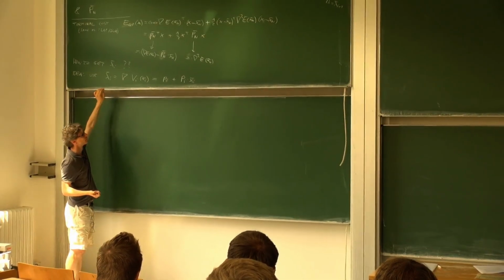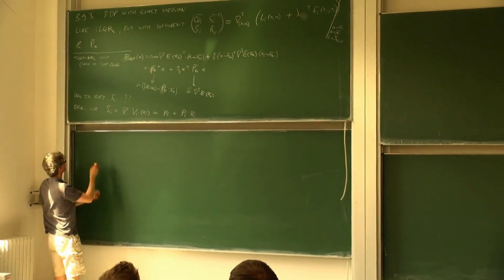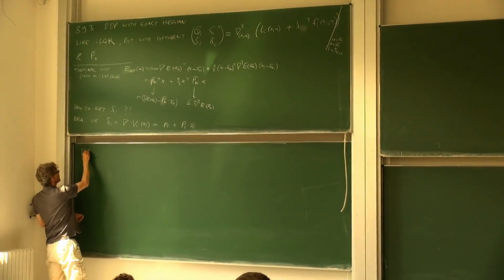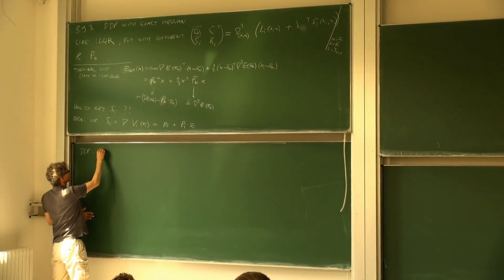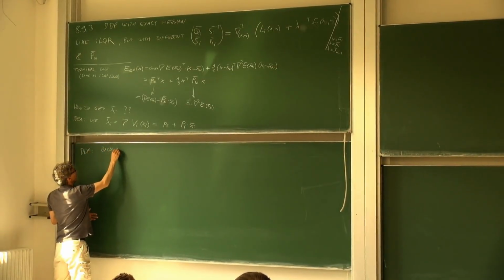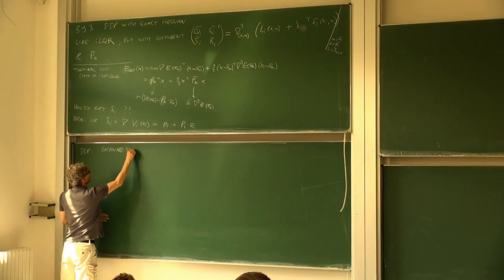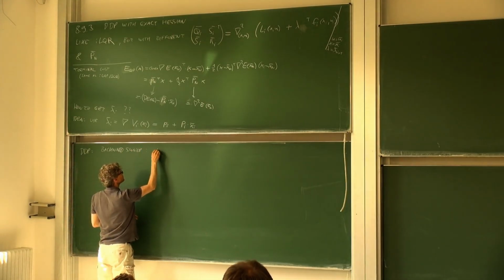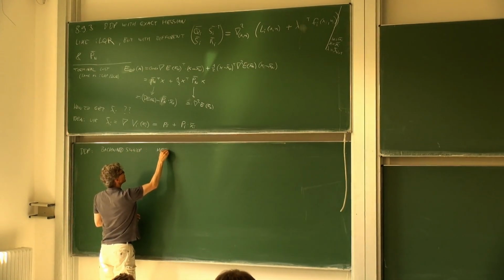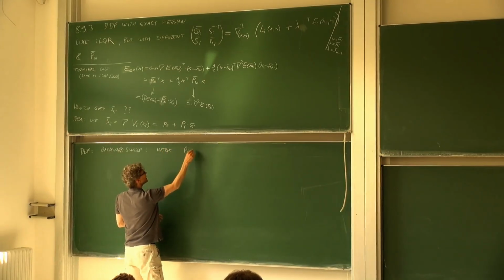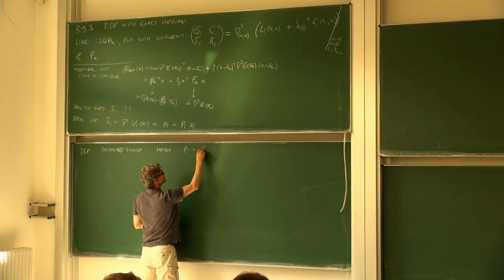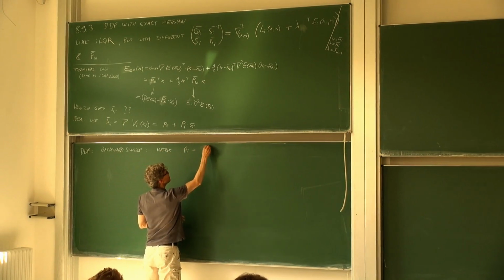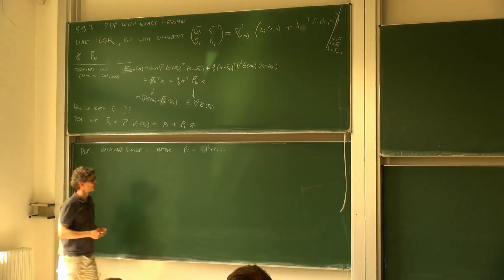So the algorithm now goes as follows. We do a backward sweep like before for the matrix. So here we get a P_i as a function of P_{i+1}.